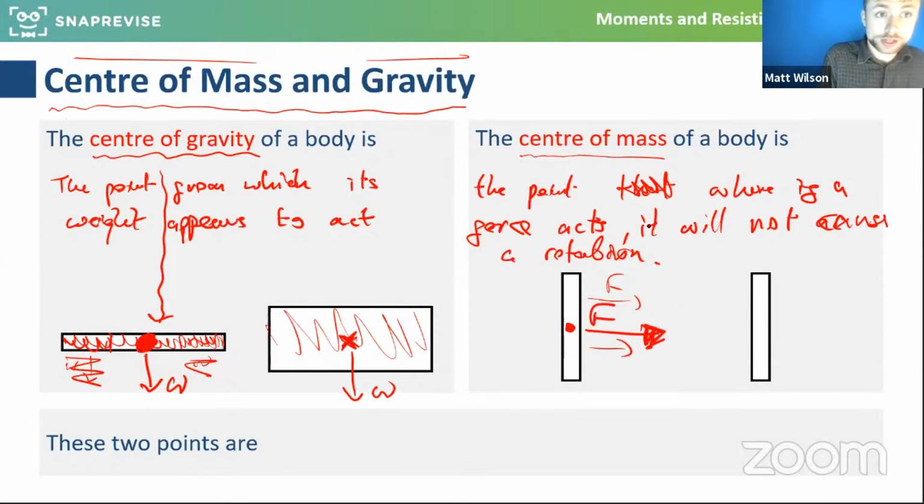So it won't spin. And so this point here would be the center of mass. Notice again, it's just the center of the object. It turns out that this is very general. The center of mass and the center of gravity, even when you don't have uniform objects, are always in the same location.